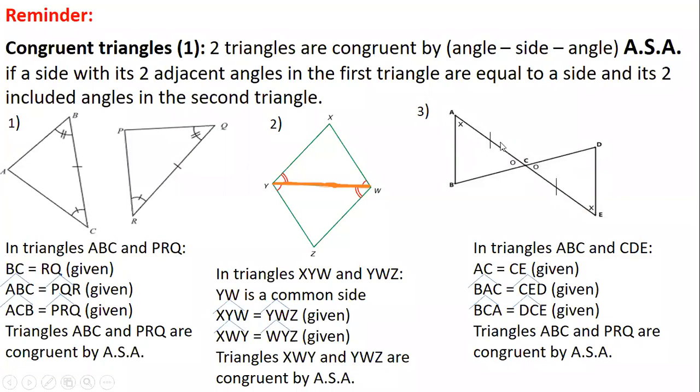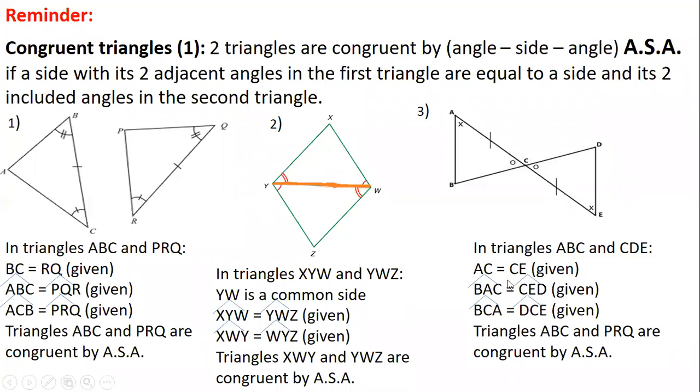Yes. We have marks in the two triangles. We should prove that these two triangles are congruent. Please read the starting sentence, Leia. In triangles ABC and CDE, AC equals CE given. One by one.